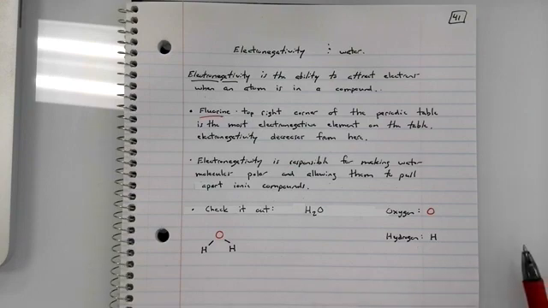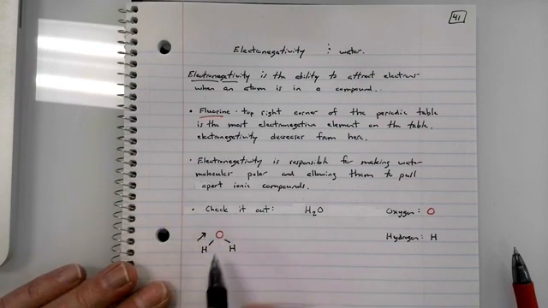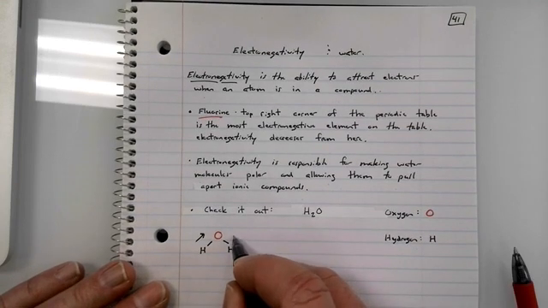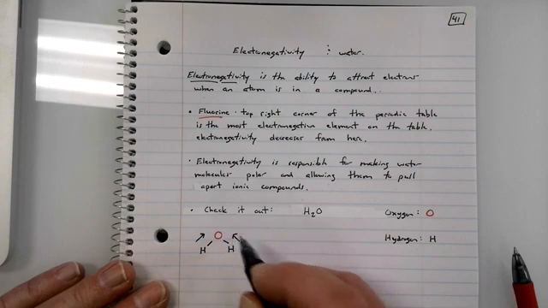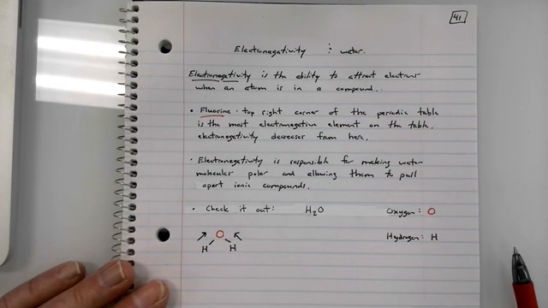that would lead us to believe that the electrons cluster around the oxygen. So in this bond, the electrons have a greater attraction for the oxygen. And in this bond over here, the electrons have a greater attraction for the oxygen.